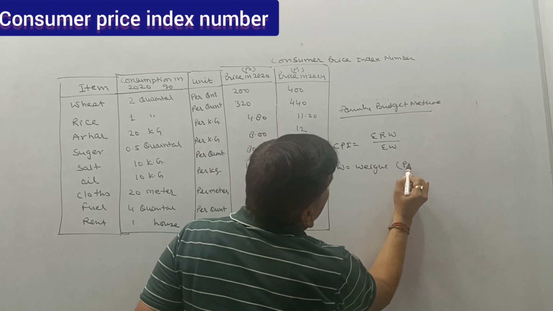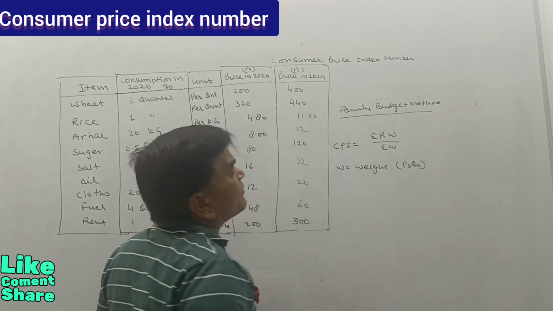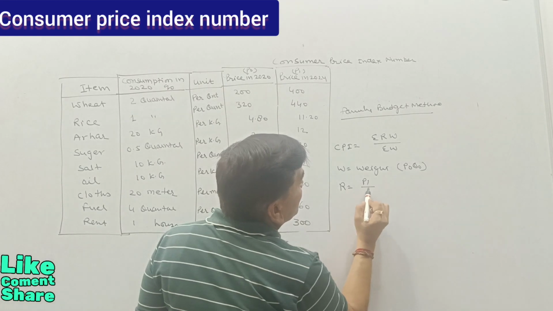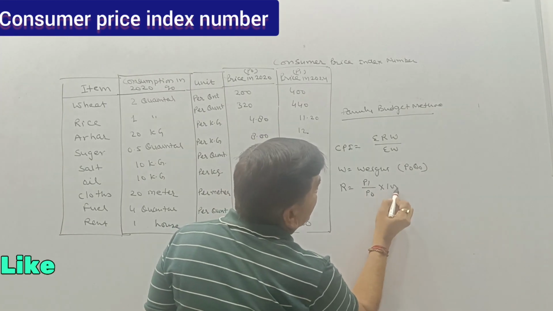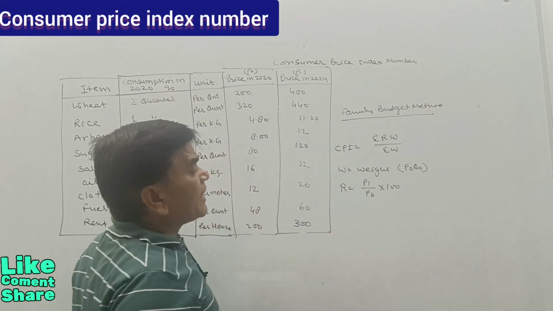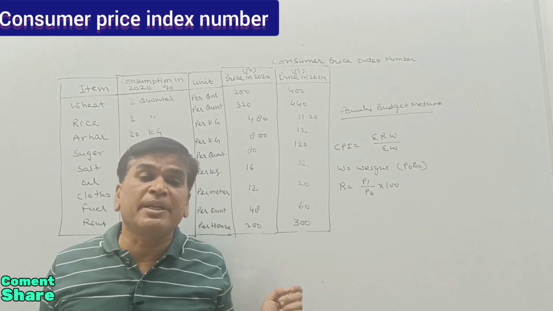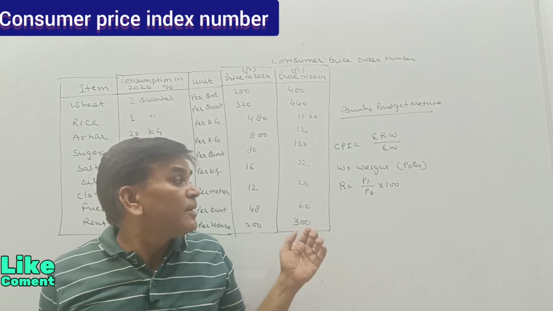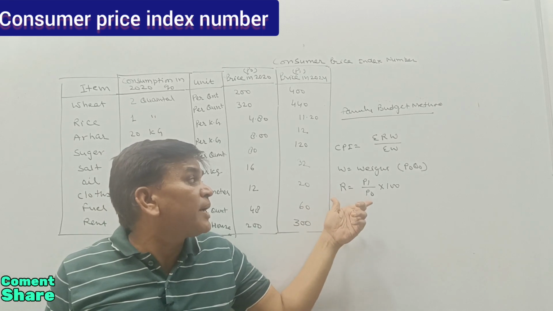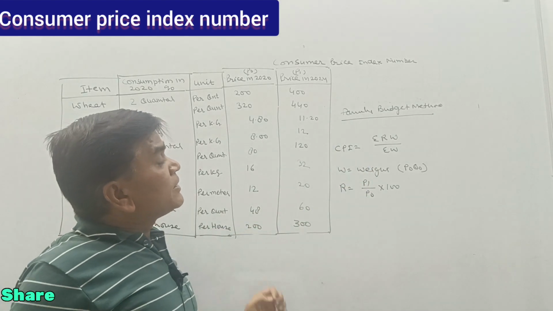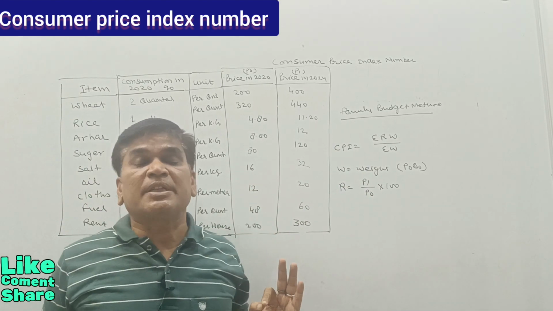If weight is not given, P0 Q0 will be treated as weight. For getting the R value, that is the relatives, we take P1 divided by P0 multiplied by 100. With the help of this we get the value of R, and putting it in sigma RW divided by sigma W, that is the family budget method.